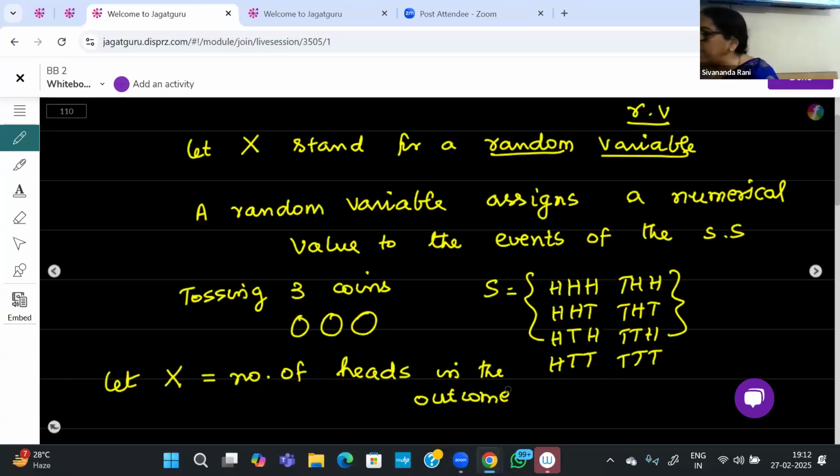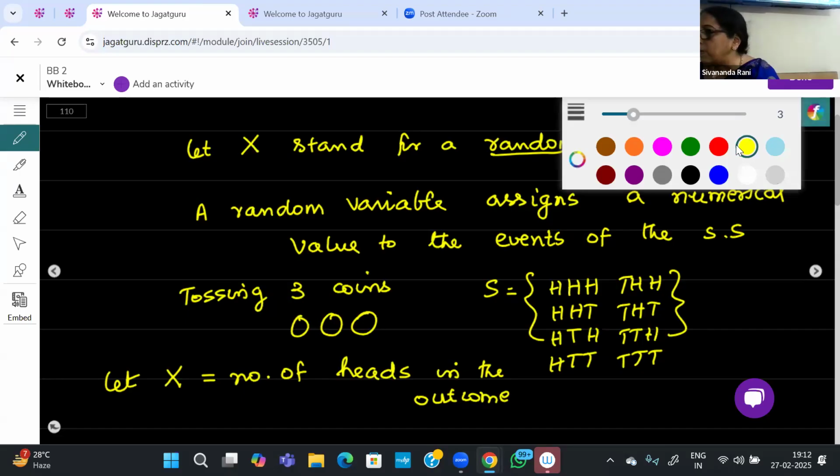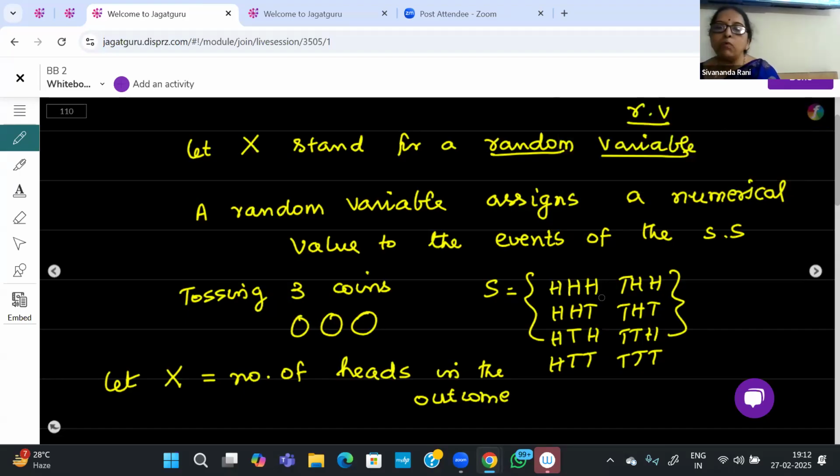So for example, now you can see that every sample point is turned into a number. Like here, look at this. This is a sample point, right? Sample point means an outcome of the experiment. Now this sample point is associated with a number. You can see that the number of heads in this sample point is 3. Okay. So it has become the number 3.